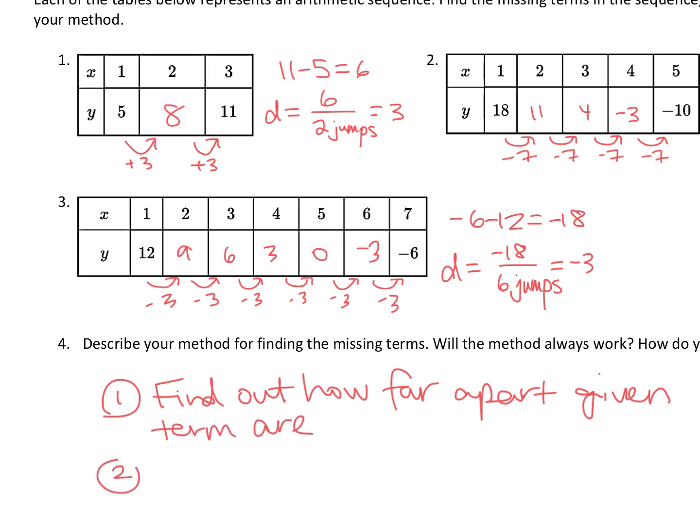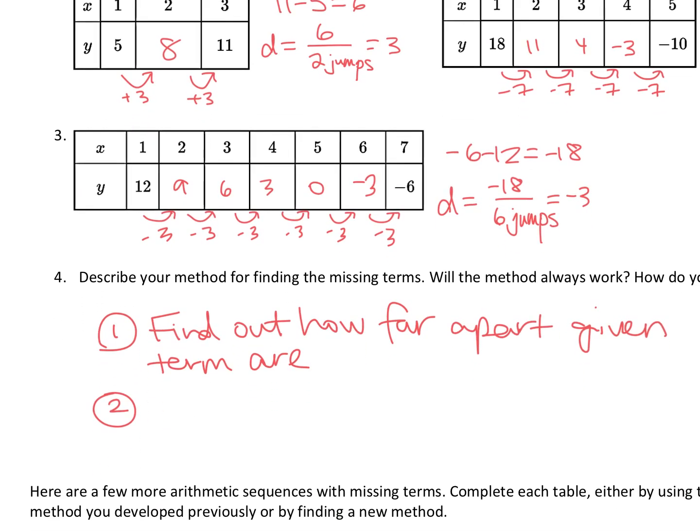And then the second thing we did was we divided that difference, how far apart the given terms are, by how many jumps were happening of the pattern. So then we did a division. Divide distance apart by jumps.